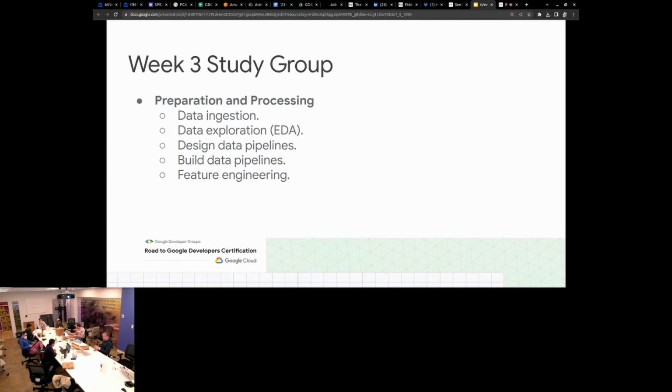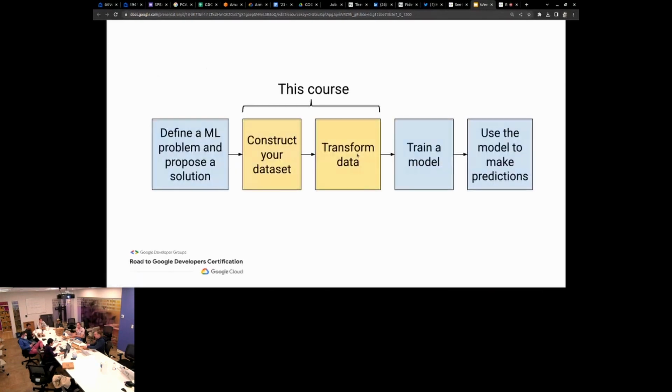Okay, so this week we are going through data ingestion, data exploration, design data pipeline, build data pipeline, and feature engineering. So the whole idea is how to get this data from the raw data and put it together to be able to be fed into a machine learning system. We want to construct the data set and transform it.